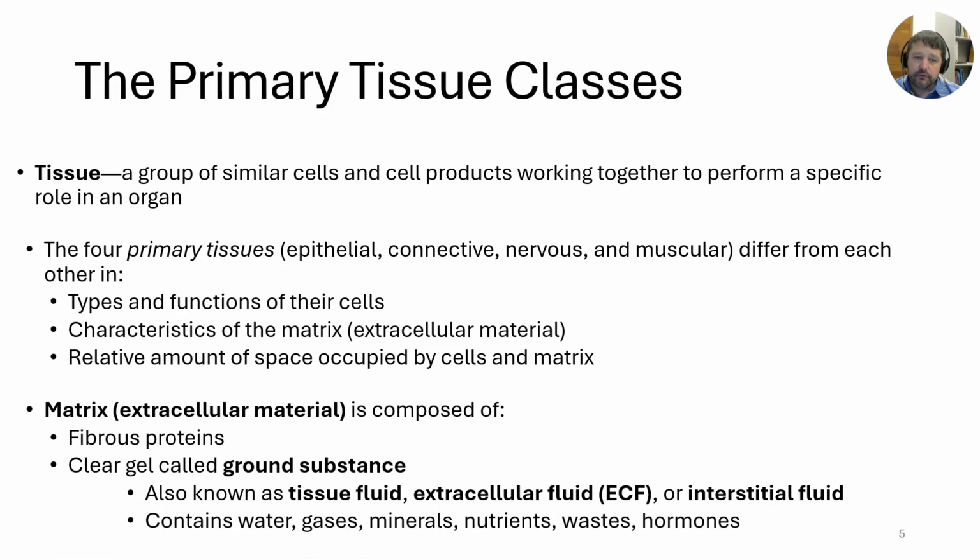That matrix, the extracellular material, is typically composed of a few things. Fibrous proteins, scaffolding proteins, proteins that allow for things to be connected. And then often what we just call a ground substance, or a gel-like ground substance. This will have tissue fluids.